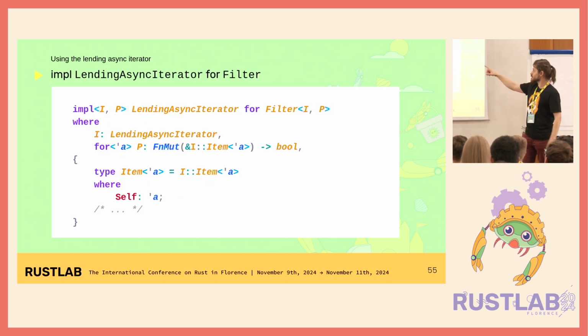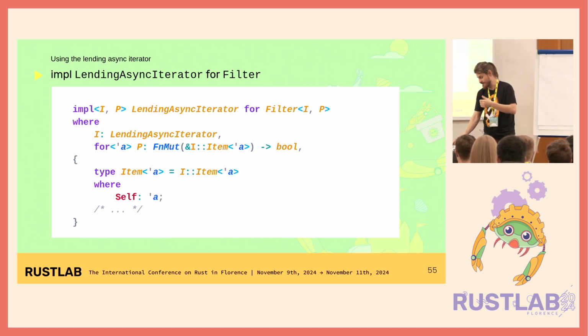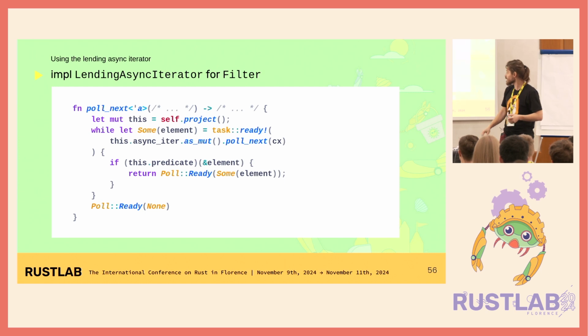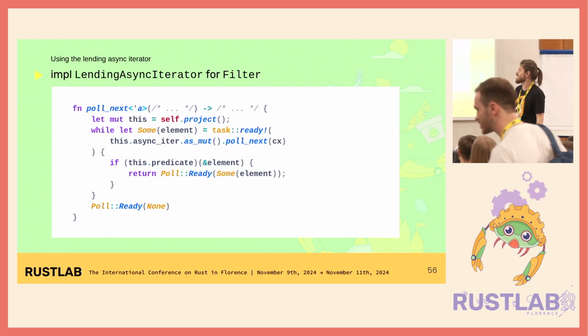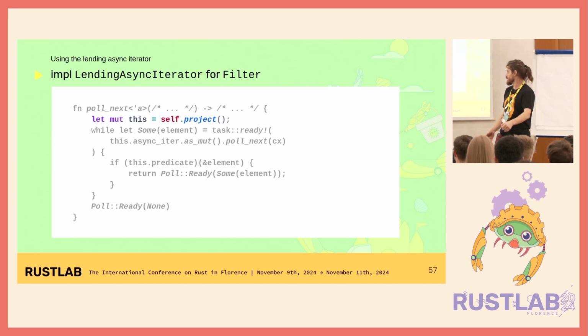This time, however, we want to implement a LendingAsyncIterator for the filter, because we are going to lend something from the inner async iterator, okay? The item, in this case, is simply the item of the underlying LendingAsyncIterator, and this is how we can write the poll_next function. So, projecting, again, we got this that is a structure with a mutable reference and a pin mutable reference.